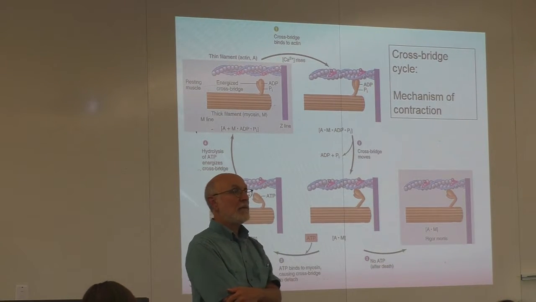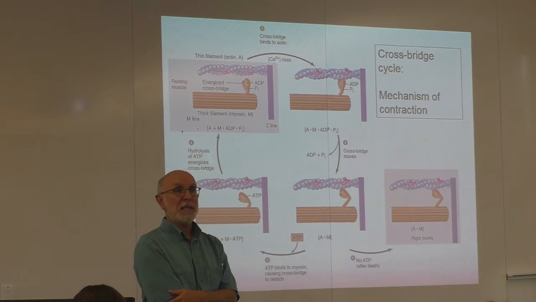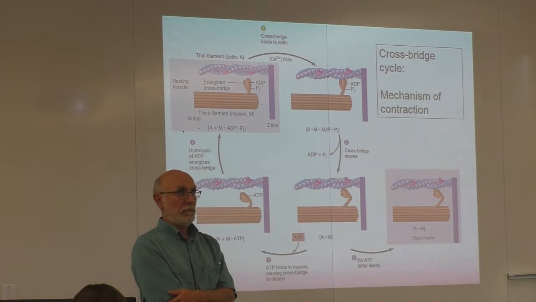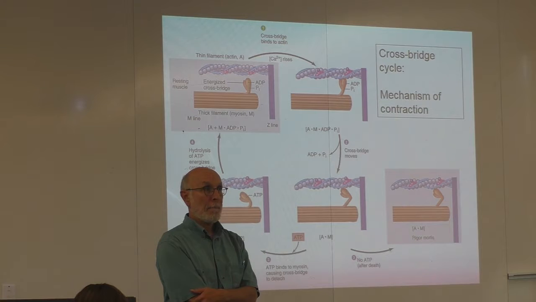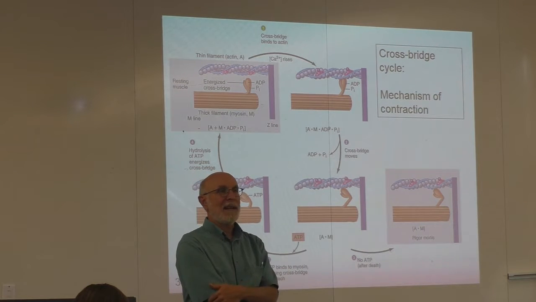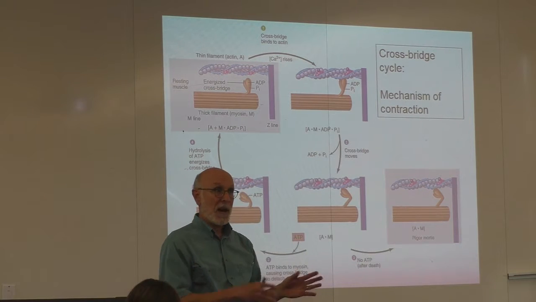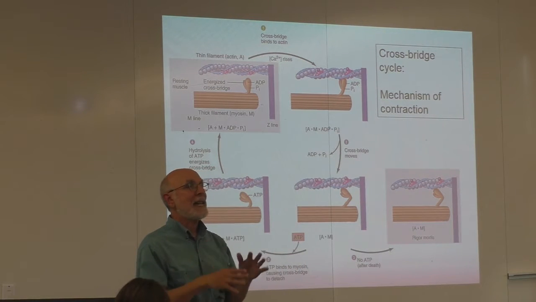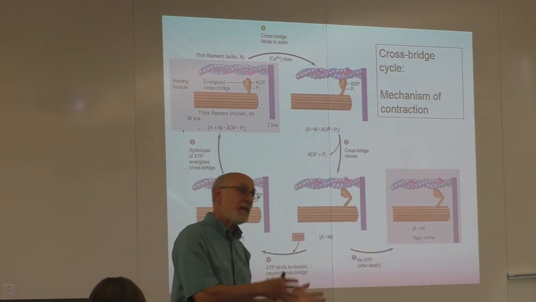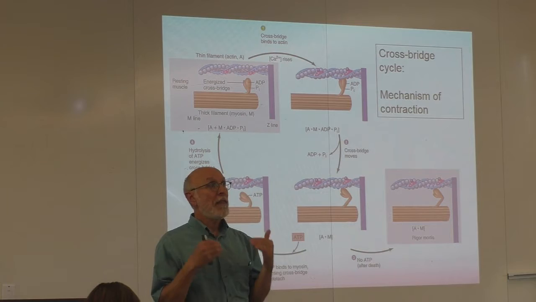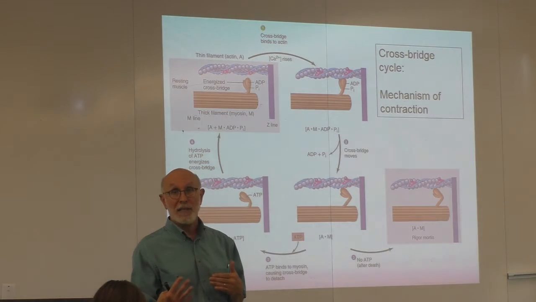Release of calcium from the SR is the trigger for calcium that stimulates contraction of skeletal muscle. In the heart, we're going to add a little twist to that. That is important. We're not going to make that wrong, but we're going to add something to that. Okay? But the key thing here is that in both skeletal muscle and in cardiac muscle, the thing that triggers contraction is a rise in cytosolic calcium.